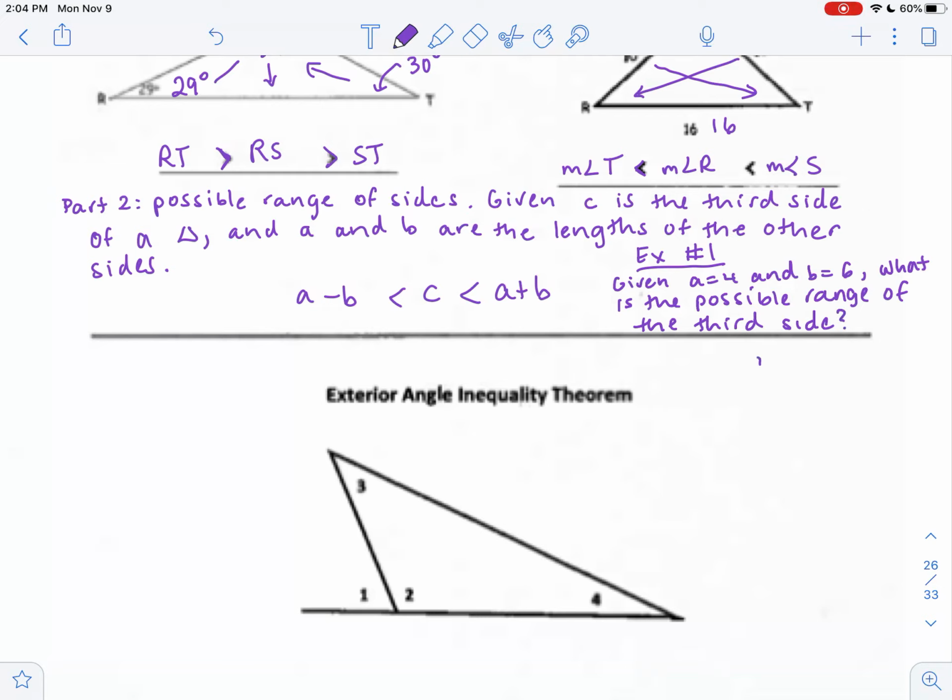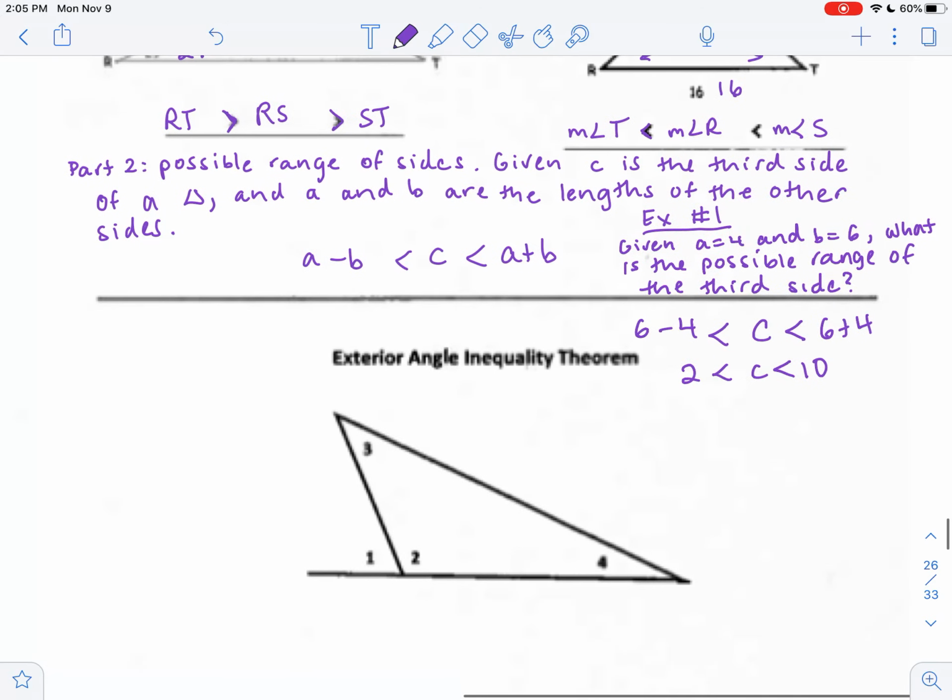Okay, so let's call the third side C. C has to be between the sum of the given two sides, so it has to be less than 6 plus 4, but greater than the difference, 6 minus 4. So C is going to be some value between 2 and 10. Those are the possible lengths of the sides.